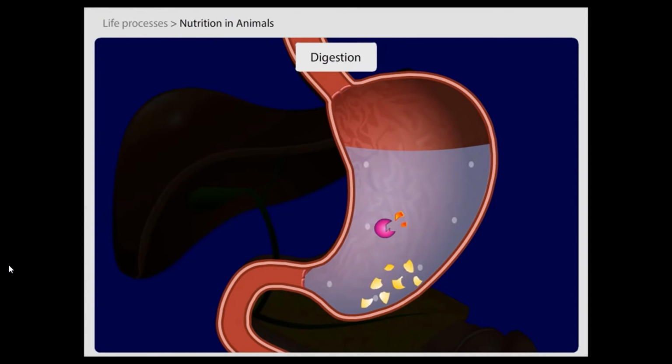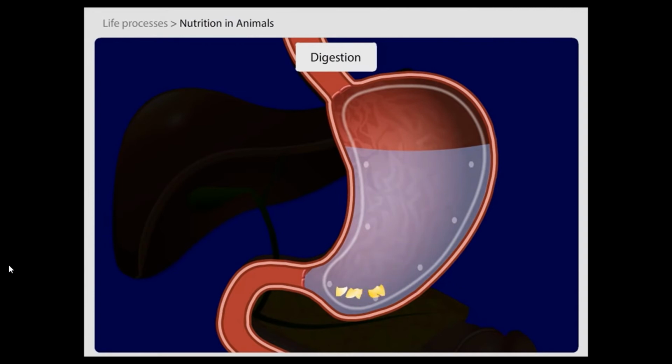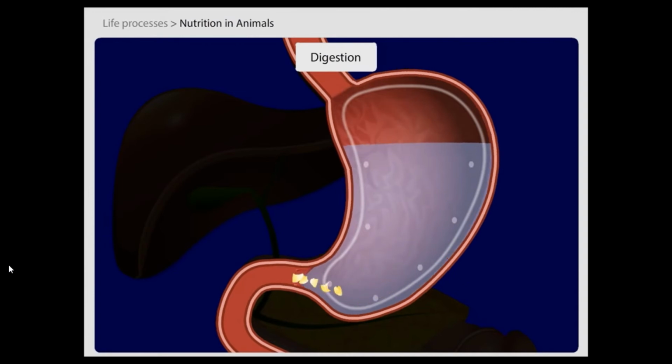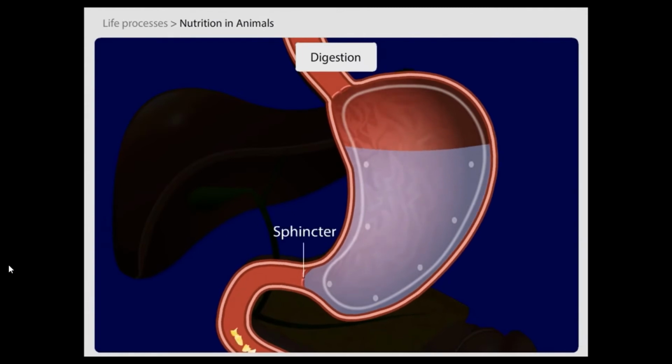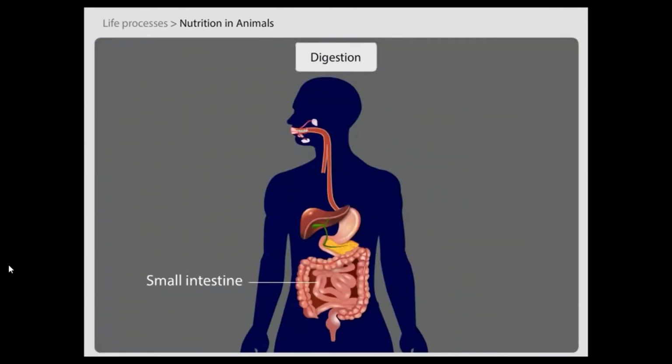Next, the mucus protects the inner lining of the stomach from the action of acid under normal conditions. The partially digested food then goes from the stomach into the small intestine. This is regulated by a sphincter muscle, which releases food in small amounts into the small intestine.